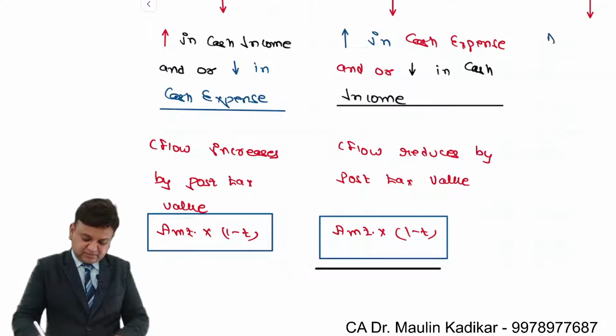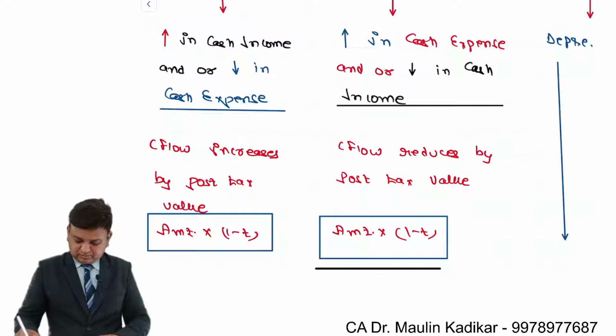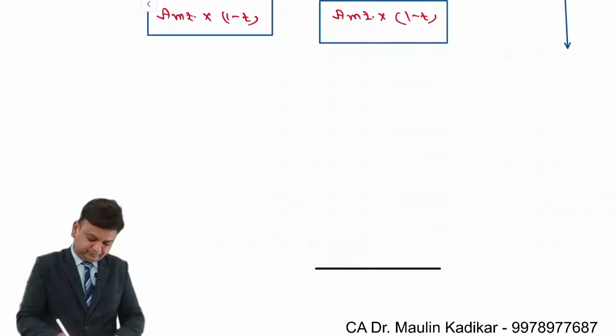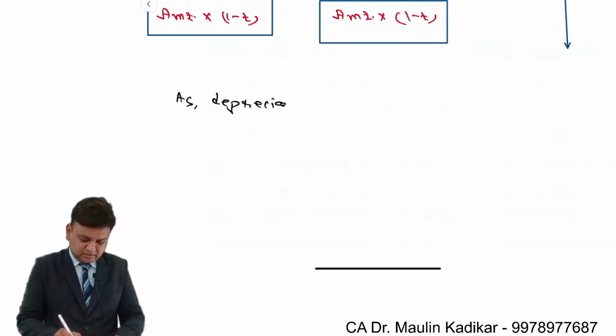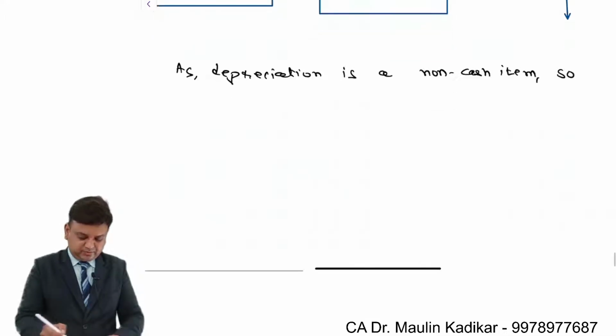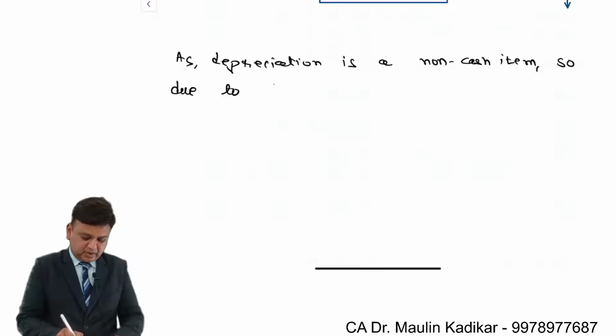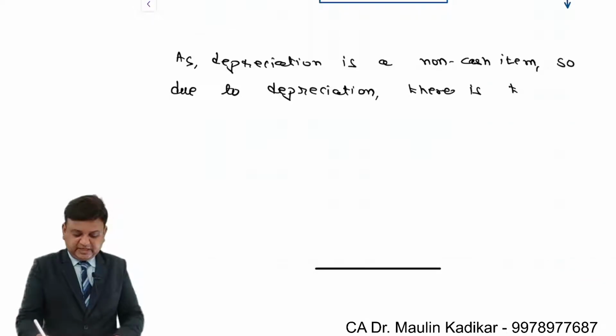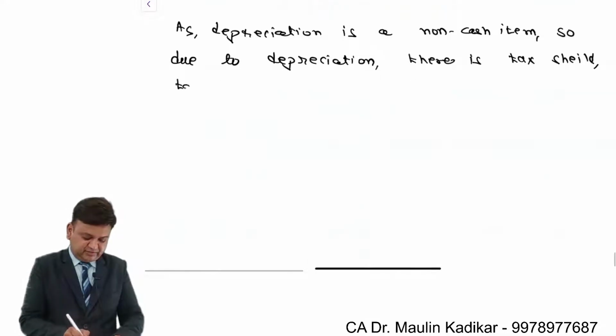Last, depreciation. In that, write down, as depreciation is a non-cash item, due to depreciation, there is tax shield, tax savings.